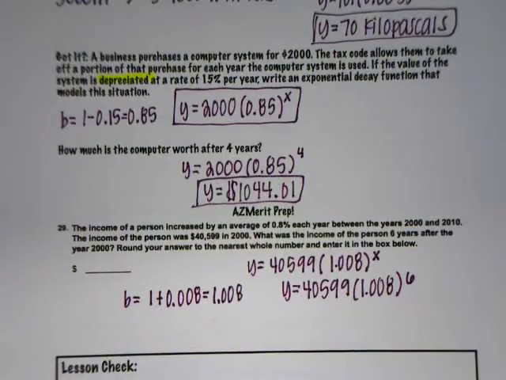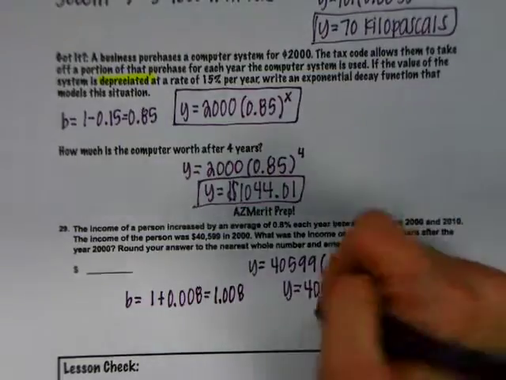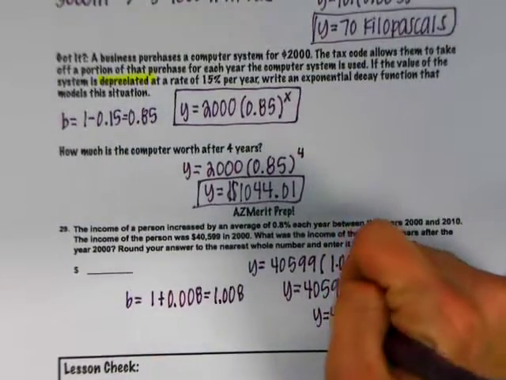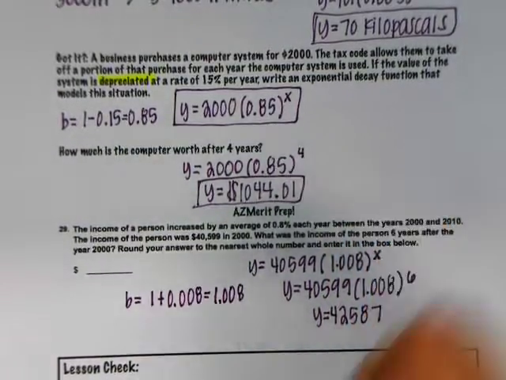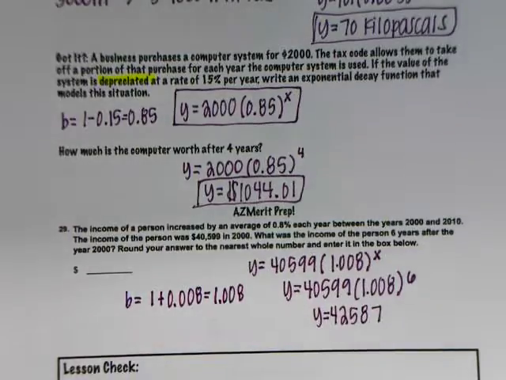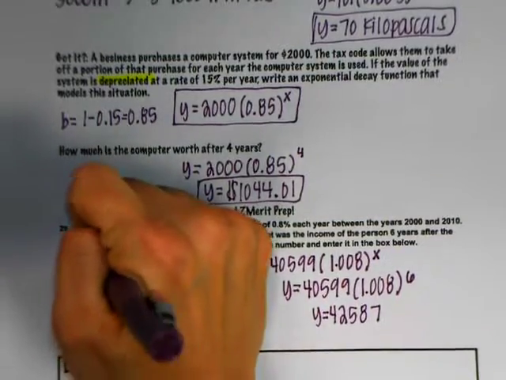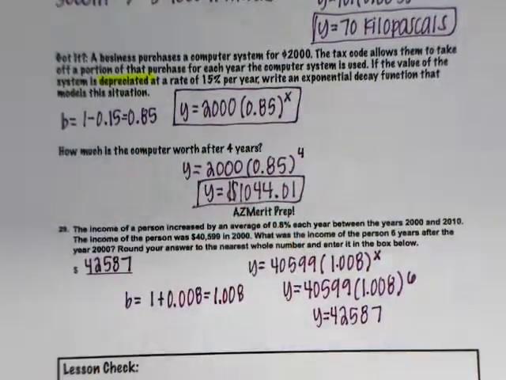As the nearest whole number. So it looks like 42,587. Okay. And then we will stop there.